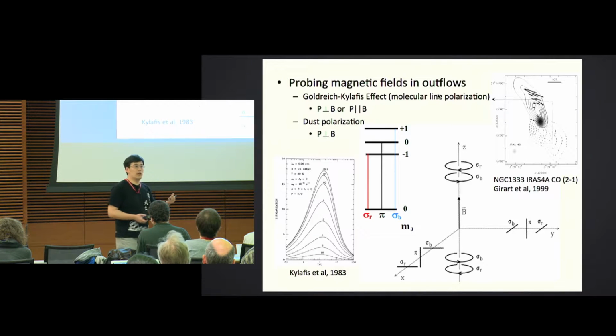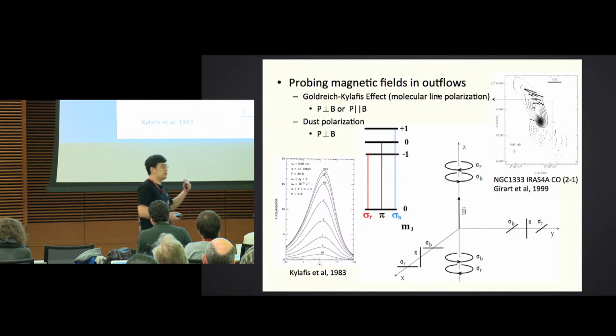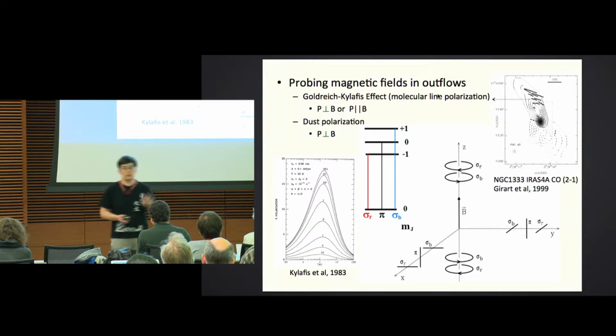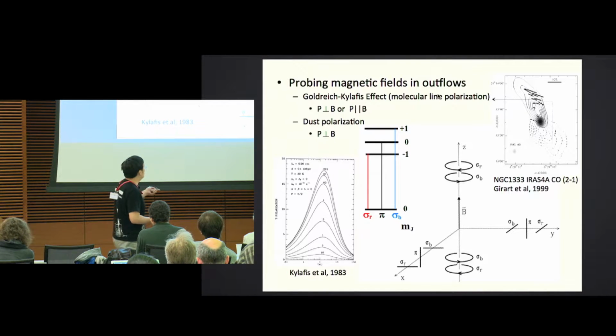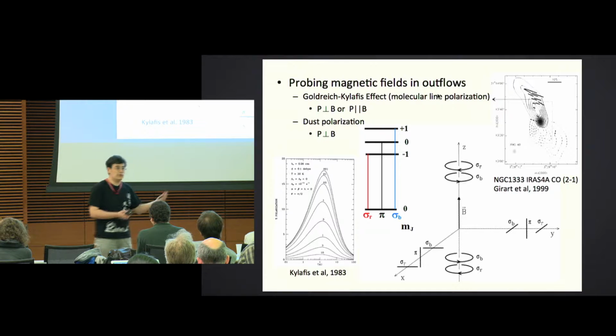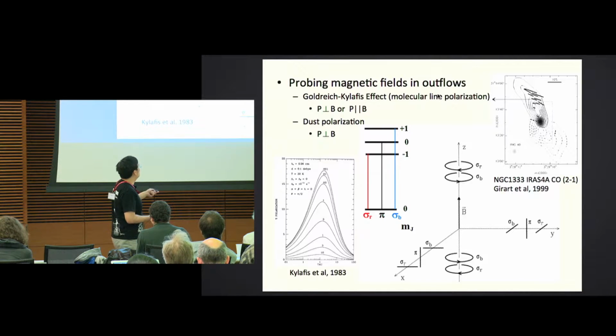Because molecular outflow has very weak emission in dust polarization, the only method to probe the magnetic field in molecular outflow is through the Goldreich-Kylafis effect. Basically, it's just like the Zeeman effect in molecular lines. If the molecular line is on the plane of sky, the effect predicts that you will have linear polarization, either parallel or perpendicular to the magnetic field line.